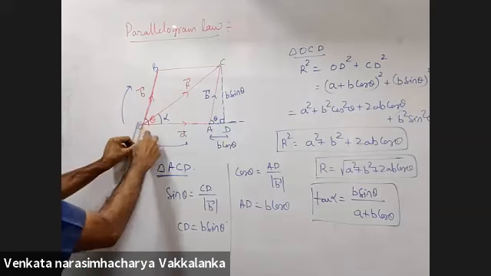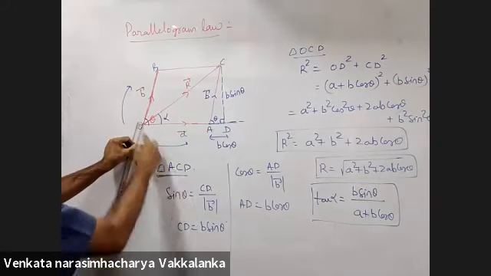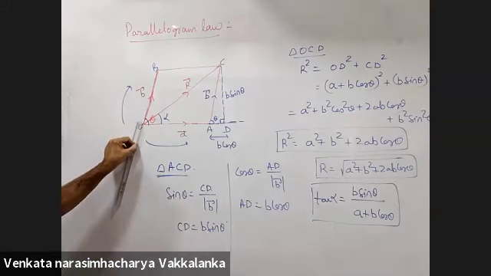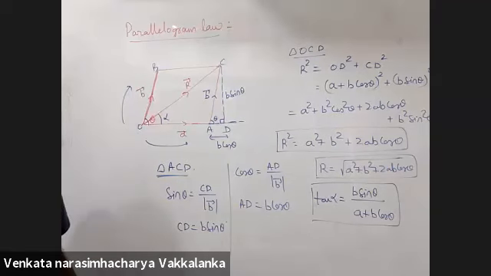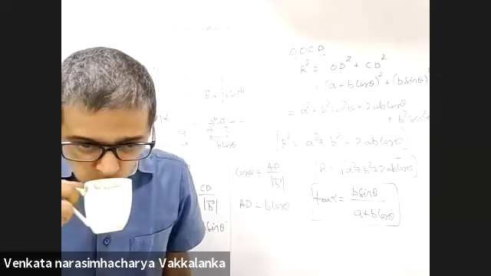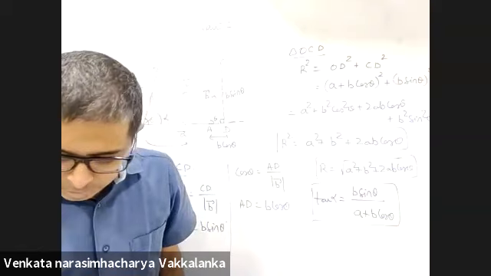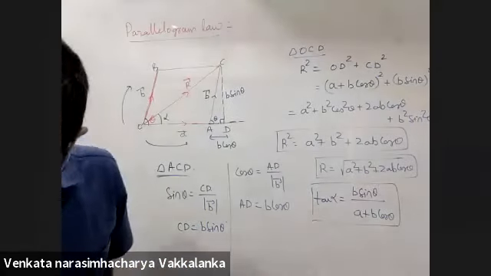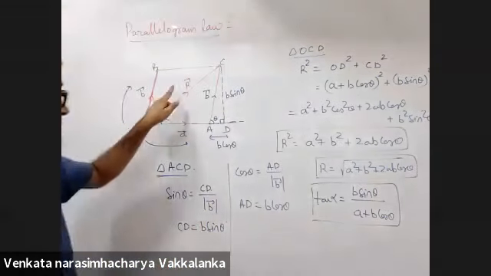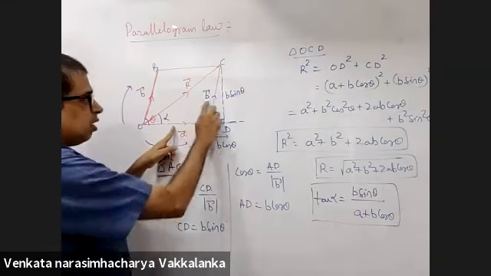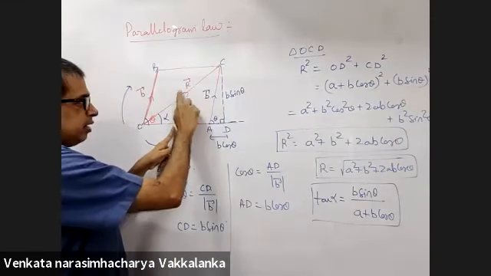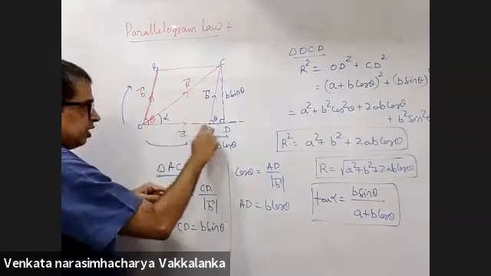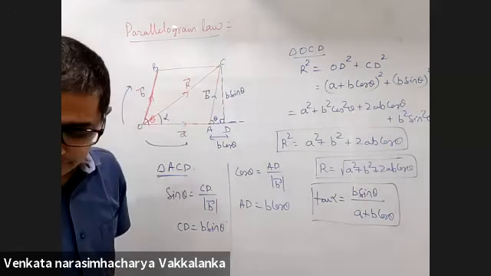The diagonal of A and minus B will be this way. Like the triangle law of addition, this parallelogram law is also universal. Parallelogram is nothing but triangle law. A and B, the resultant is R. It is nothing but triangle law, right?